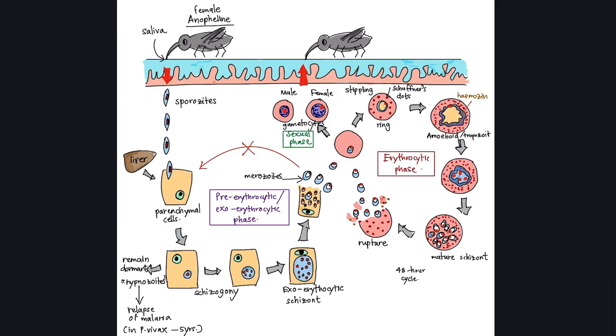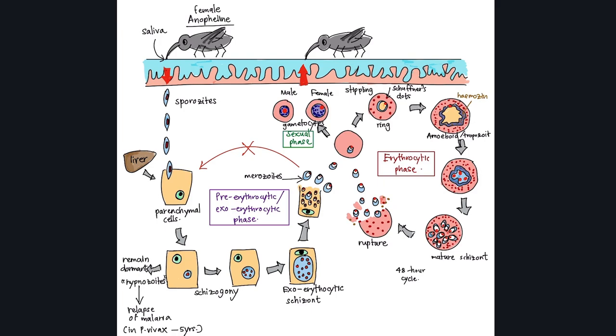So when the female Anopheles mosquito bites a man, it pushes saliva into the skin, and anticoagulants come into the blood, and along with this saliva there are sporozoites of the malaria parasite coming into the circulation.